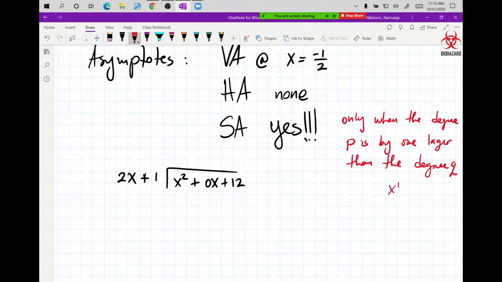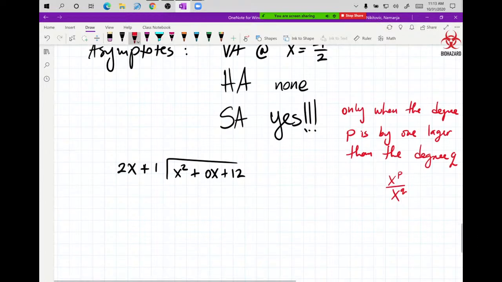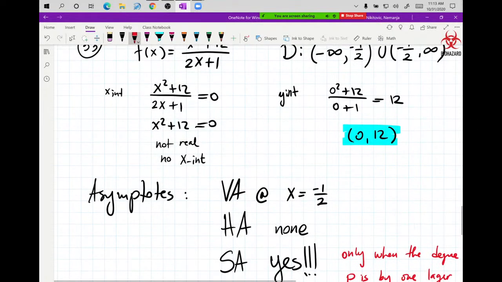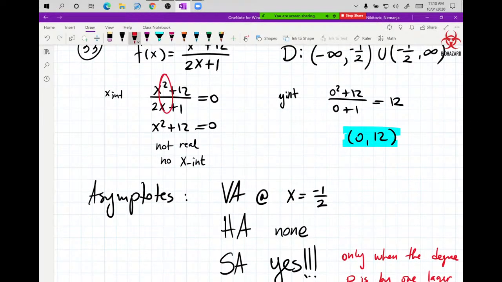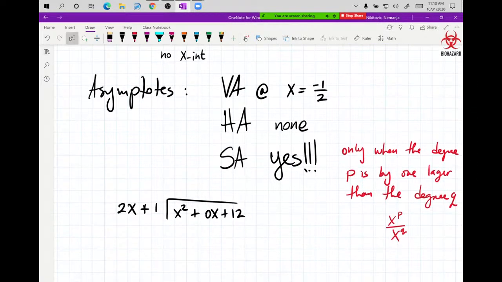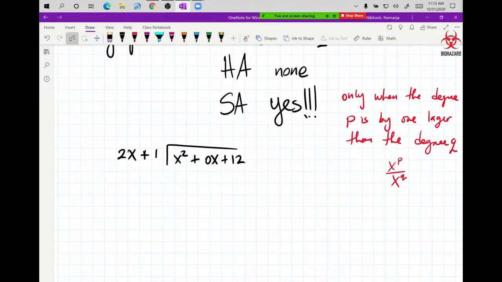And I'm just going to say x to the p divided by x to the q. So now you understand where this stuff comes from. So when the degree in the numerator is bigger than the denominator by 1. So that's a 2, that's a 1 on the bottom. So 2 is bigger than 1 by 1. So there we go.